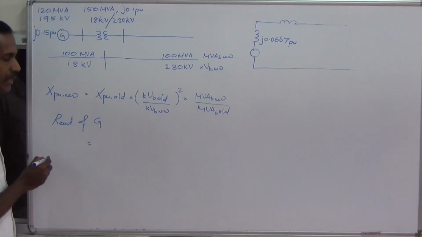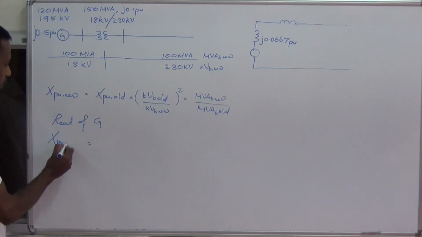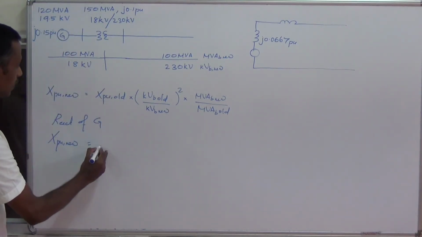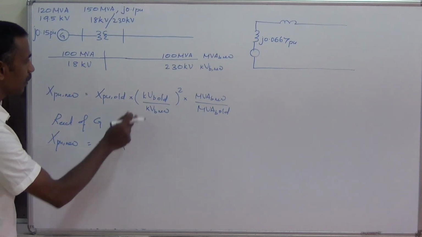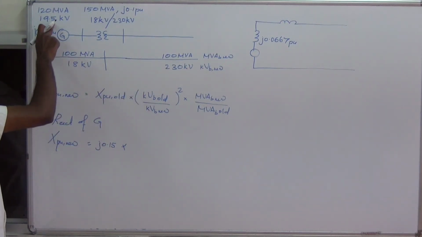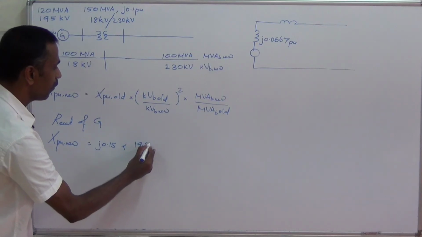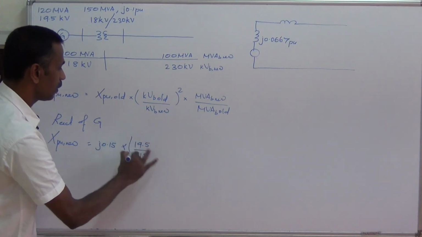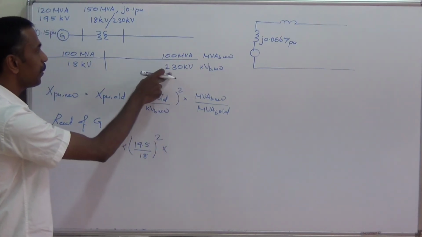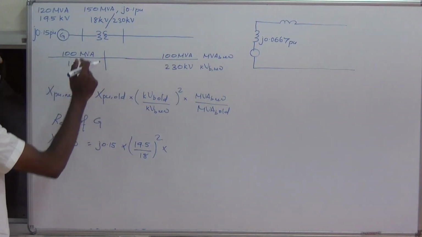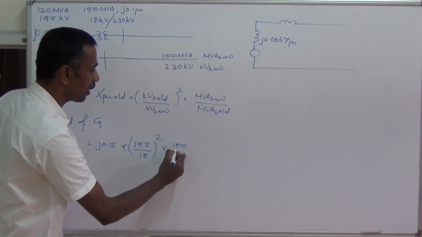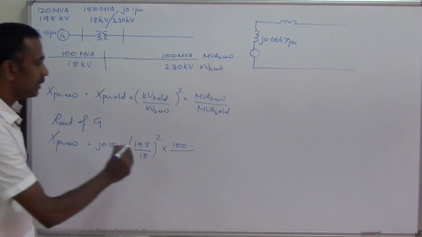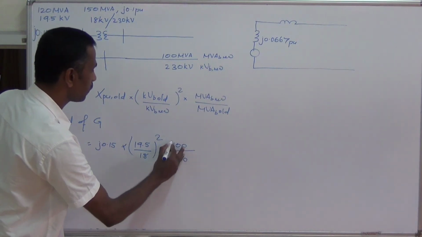Now let us find out the reactance of the generator. What is X per unit new? X per unit old, this is j0.15, into kVb old, the rating of the generator, 19.5, divided by kVb new, this is 18 kV, the whole square, into MVAb new, this is 100 MVA throughout this power system, divided by MVAb old, the rating of the generator, 120.